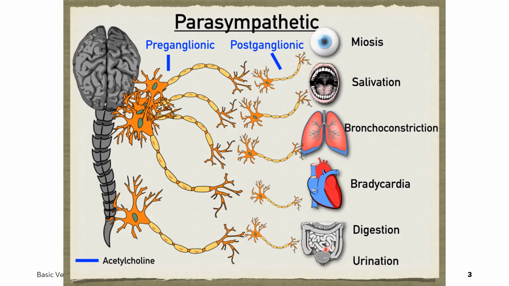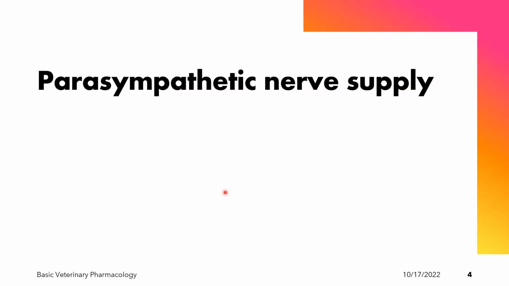And for the urination, it also induces an increase in the urine output. There is also urination during the parasympathetic innervation. These are the nerves with parasympathetic function. We have the cranial nerve number 3 or the oculomotor, which innervates the eyes.